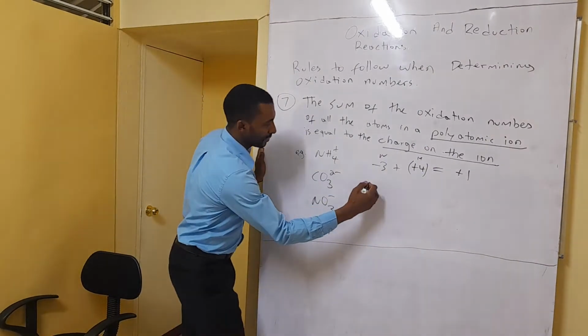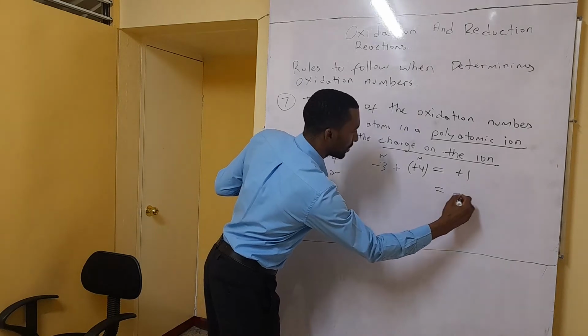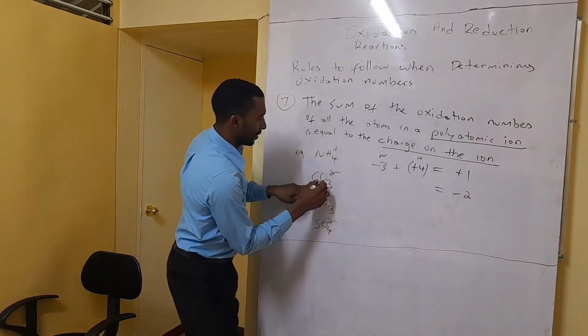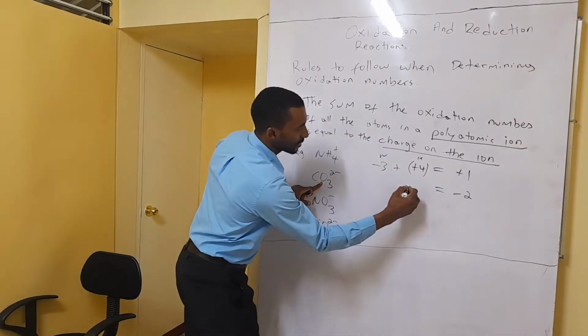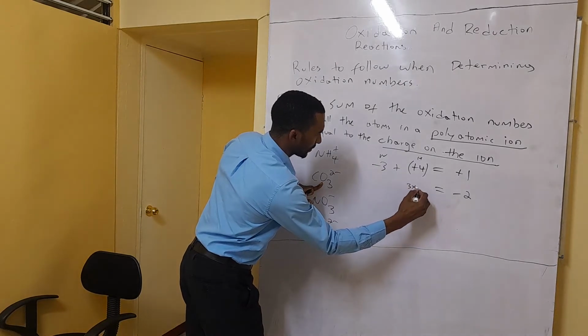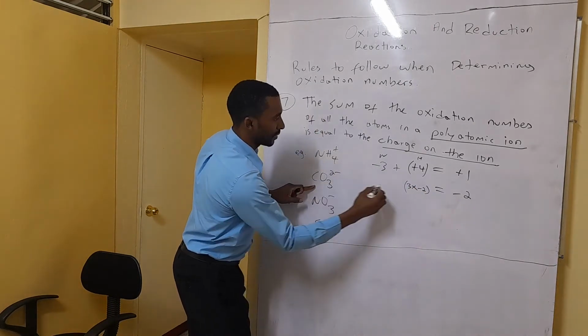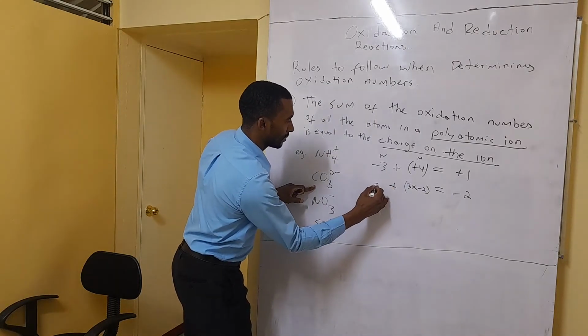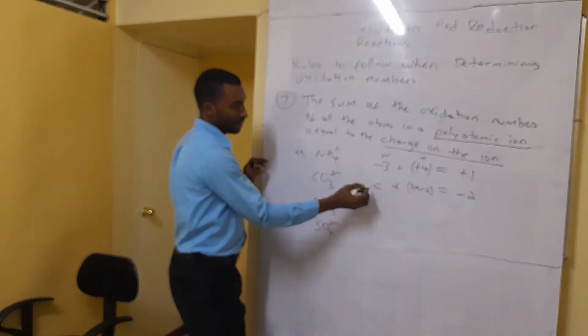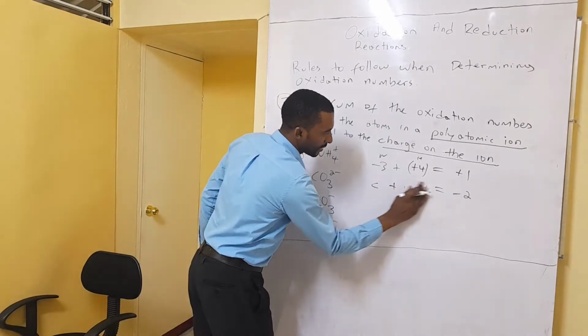For the carbonate, the overall charge here is going to be -2. The oxygen is always -2, so this is going to be 3 times -2 plus the carbon. So this is -6 here.